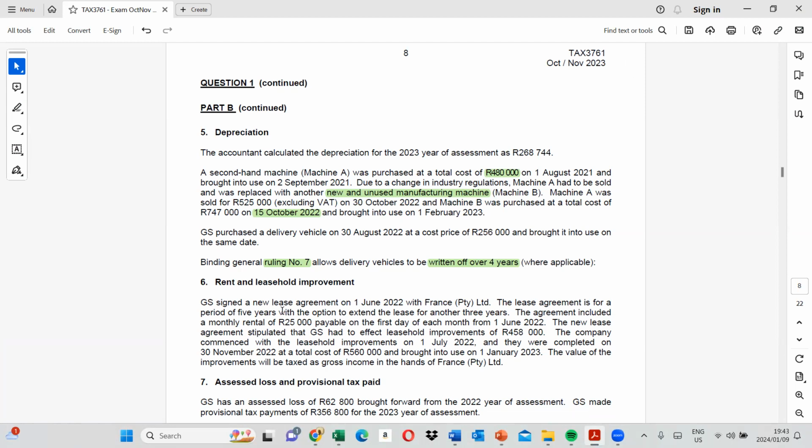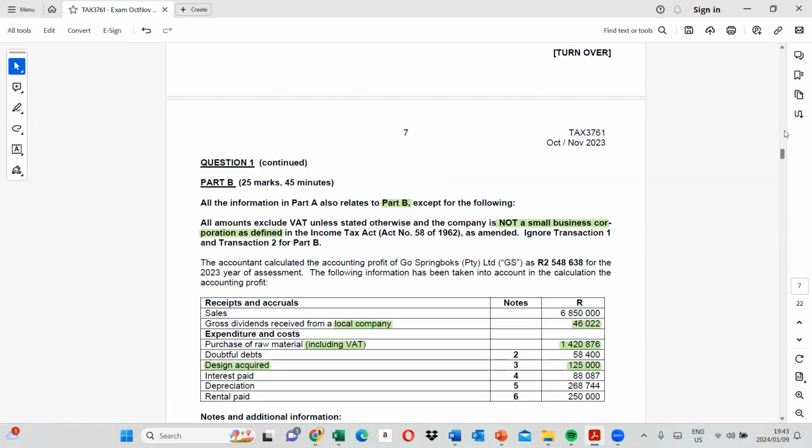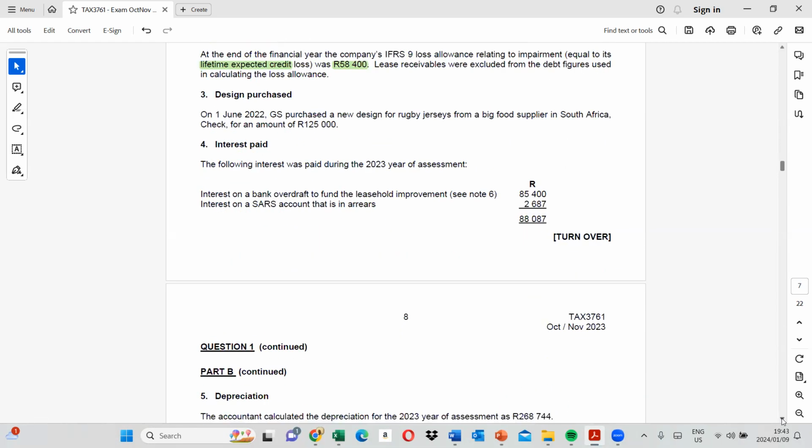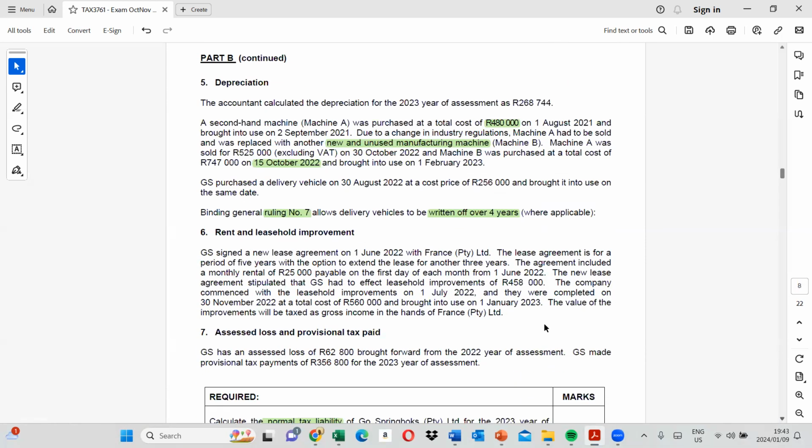And then let's look at leasehold improvement to see what transpired there. In terms of leasehold improvement, we just have rent paid, which is 250. GS signed a new lease agreement on 1st of June with France. The lease agreement is for a period of 5 years with the option to extend the lease for another 3 years.